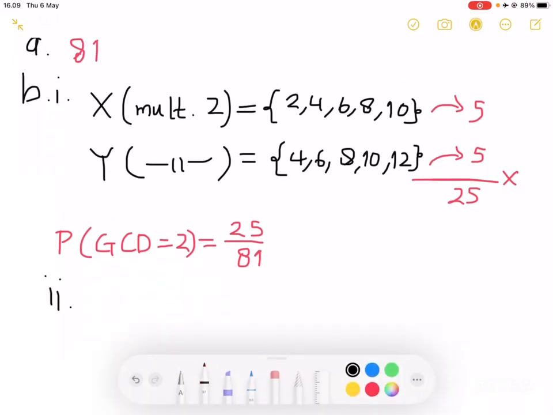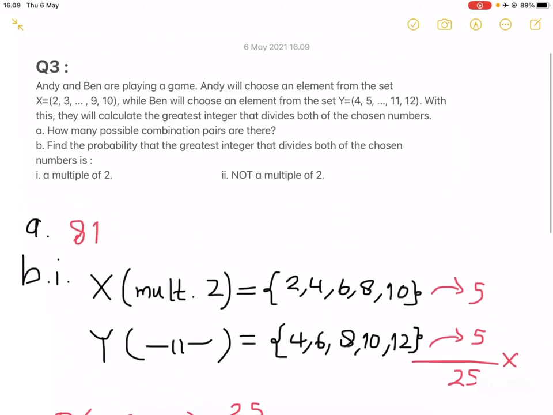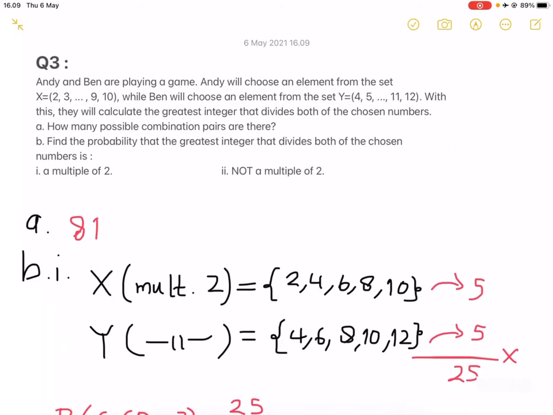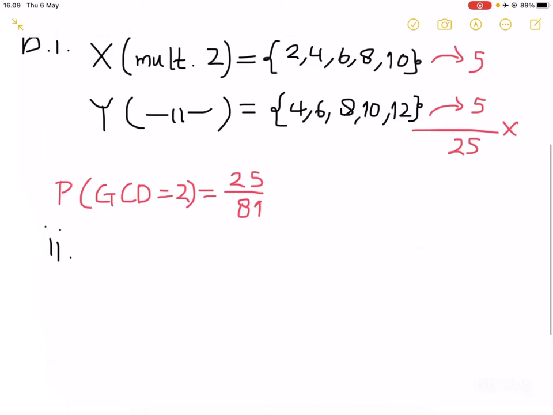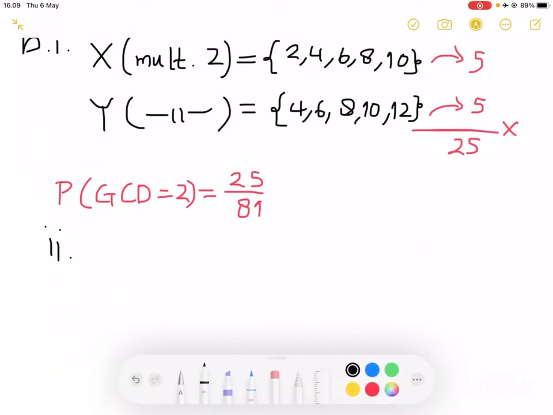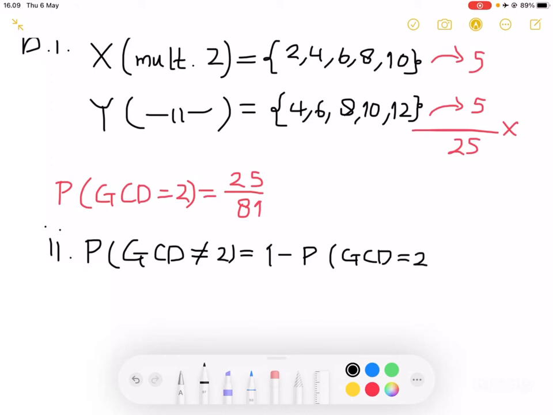For part 2, we need to find the probability that the GCD is not a multiple of 2. Well, that's pretty simple. We can just write the probability that the GCD is not equal to 2. Notice that this is exactly equal to 1 minus the probability that the GCD is equal to 2.